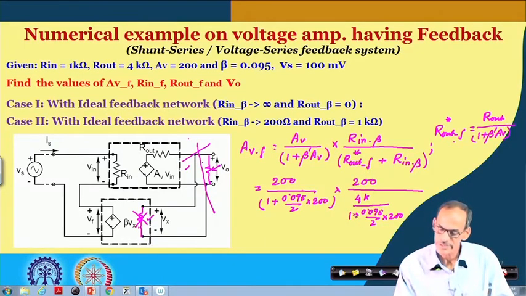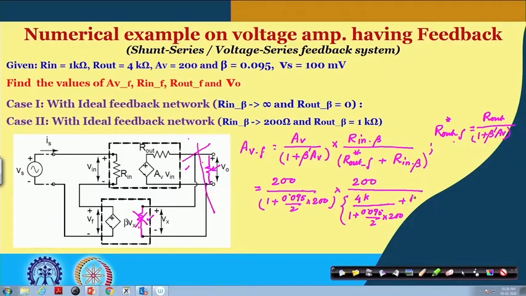So, this is this resistance plus R in beta, that is 200. In fact, this part is 10.5.